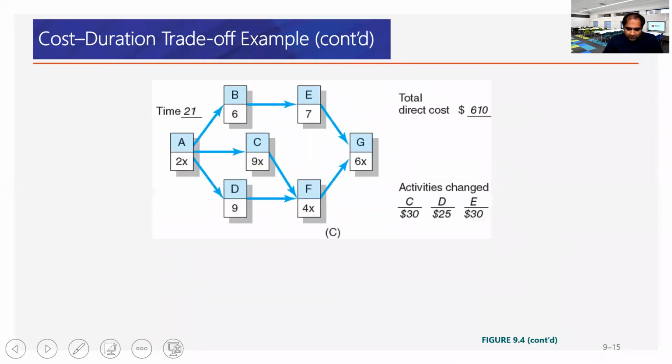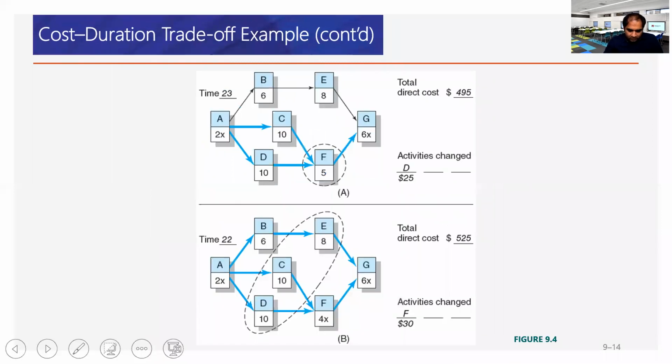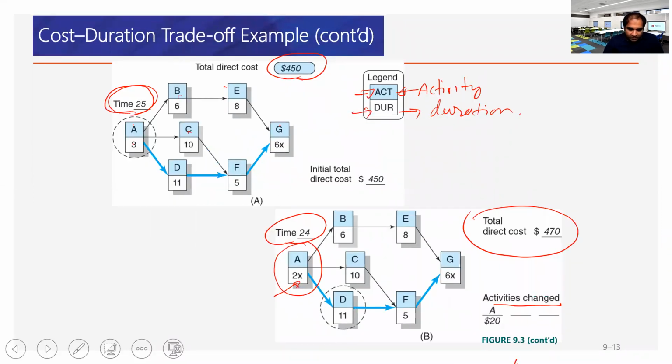Okay, so if we go further here, we also need to look into the critical chain. If an activity is not on the critical chain, there is no point in crashing it. It can only help us if the activity is on the critical chain, so that it can reduce the overall project duration.